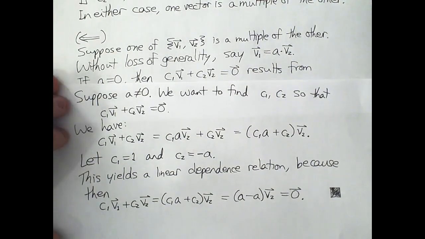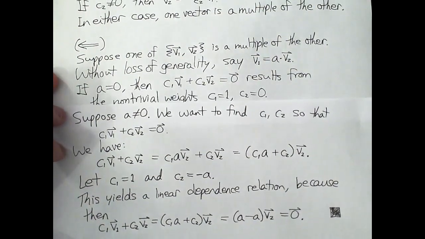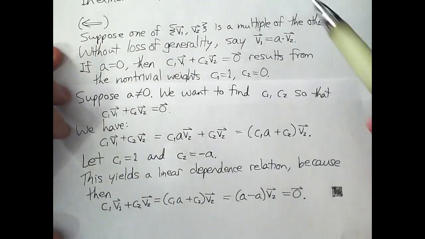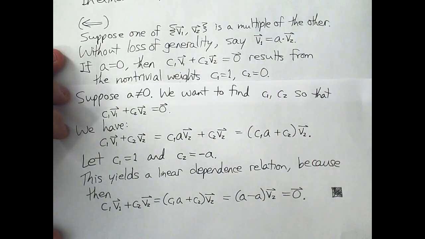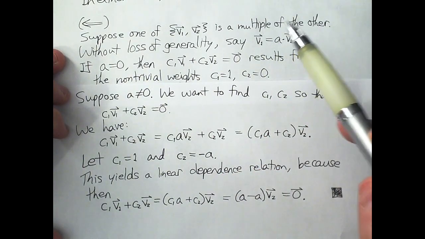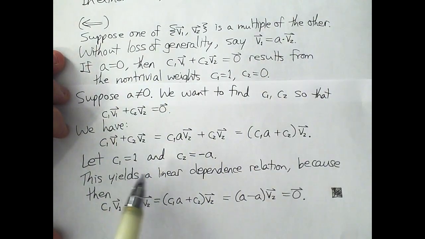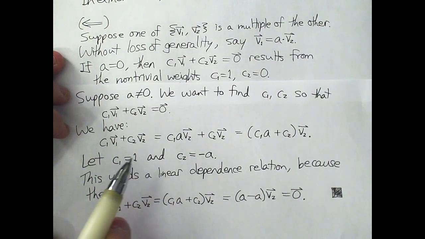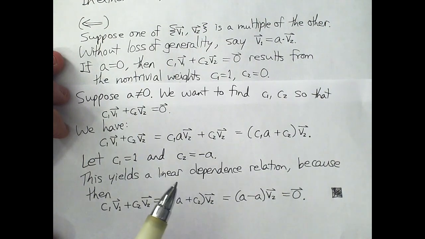What did we show in this second part? We supposed that one of them is a multiple of the other, and we concluded that the set is linearly dependent by demonstrating a C1 and a C2 that give us a linear dependence relation.